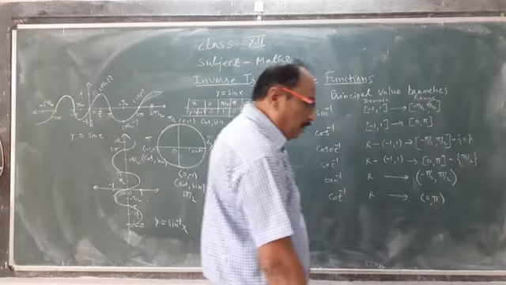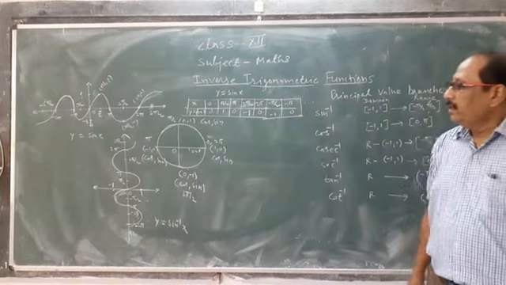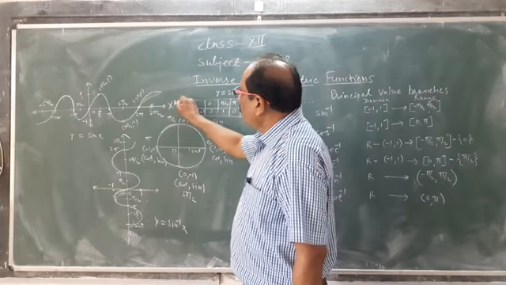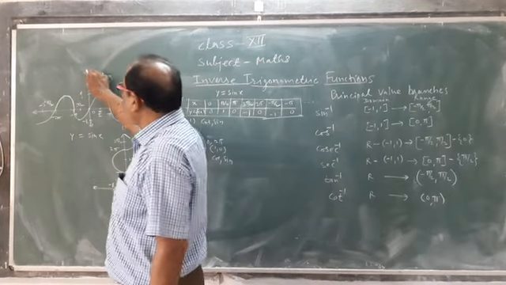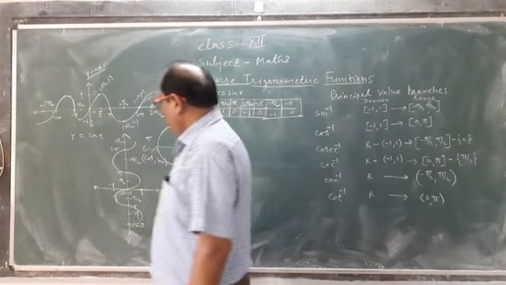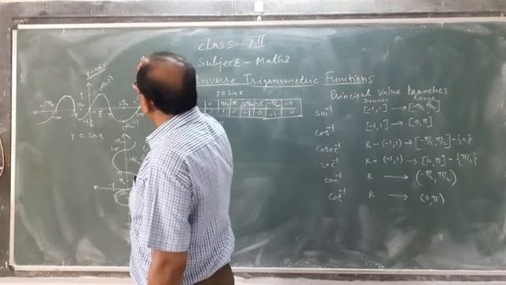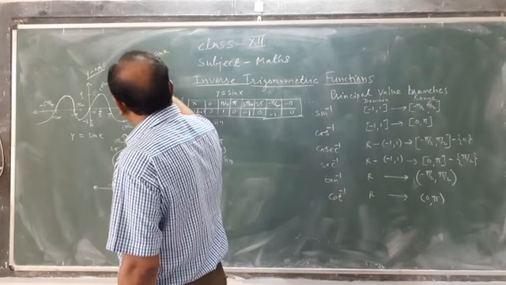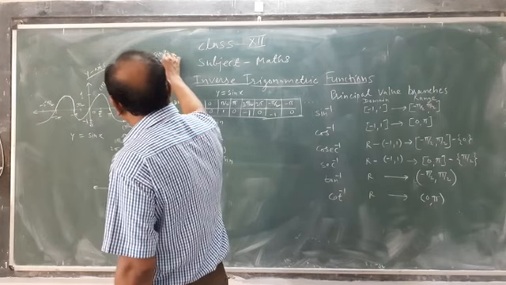For the inverse trigonometric function, we take this x-axis and this y-axis. If y is equal to sin x, then x is equal to sin inverse of y.